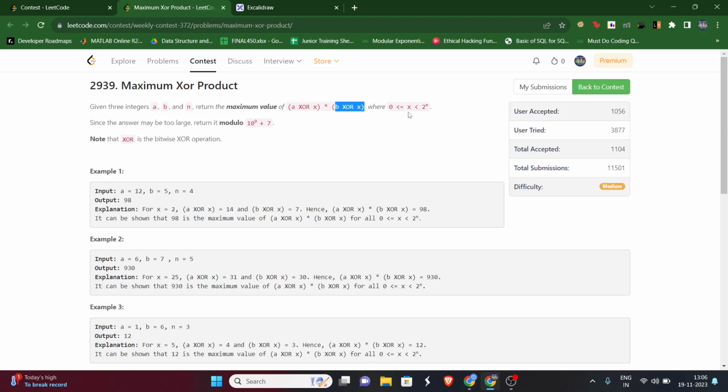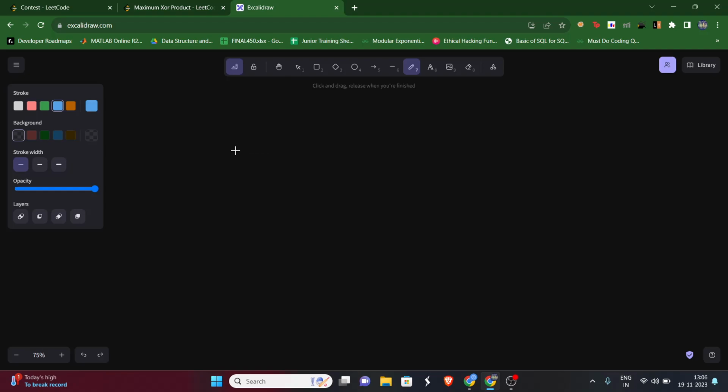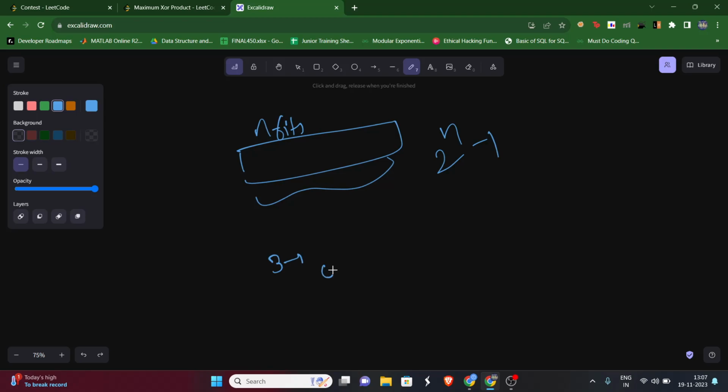Now the second thing is we are seeing this less than 2 to the power n. There is one basic property that if we have n bits, then its maximum value will be 2 to the power n minus 1. What I'm saying is, if you have three bits, 0 0 0, the maximum possible value will be 1 1 1.